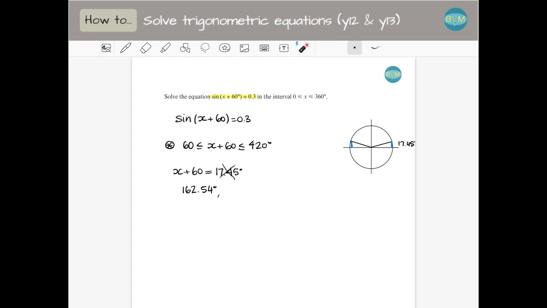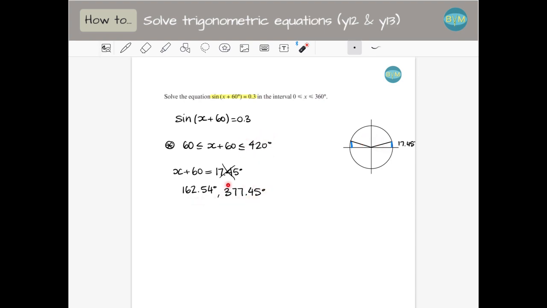And then I just go around until I reach 420. So the next one will be 360 plus 17.45, which is 377.45. And the next one will be over 420.